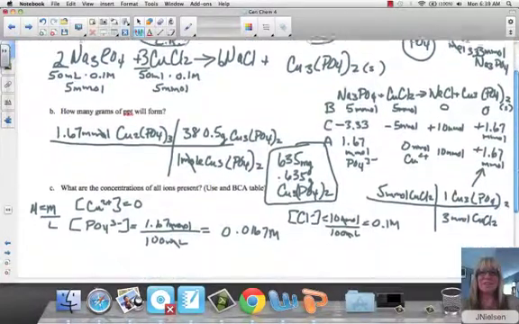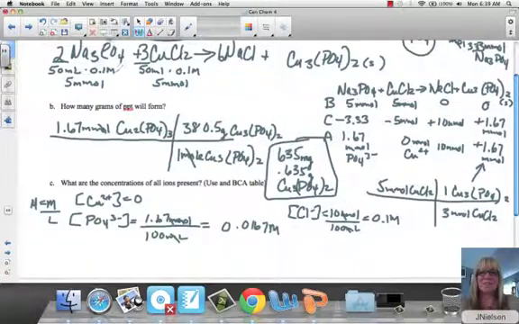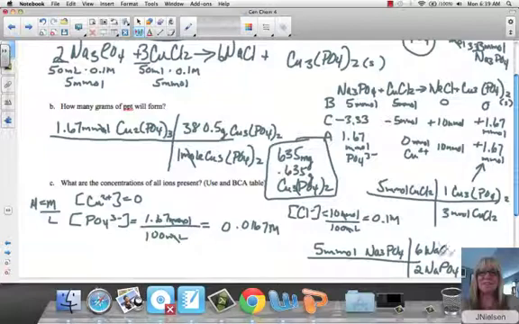Now the Na is a little bit different because we have to start with 5 millimoles of the Na3PO4, and we've got 2 Na3PO4 in the equation going to 6 NaCl. So 5 times 6 is 30 divided by 2. This is 15 millimoles. And that's going to represent the Na plus ions.